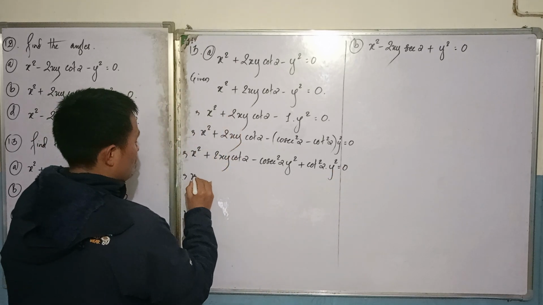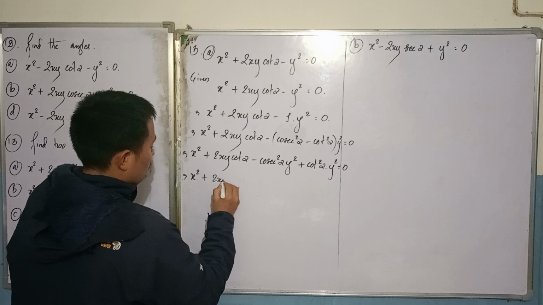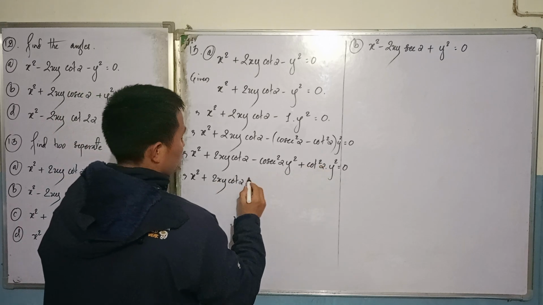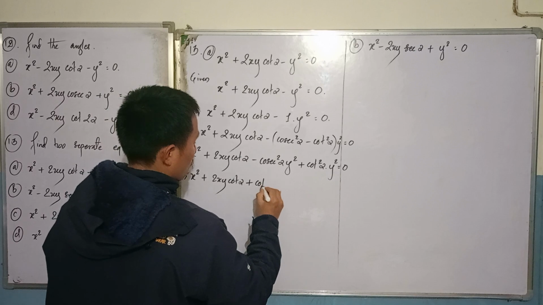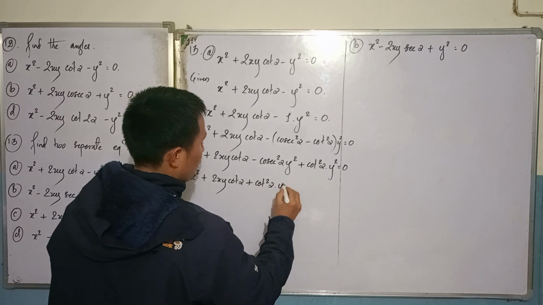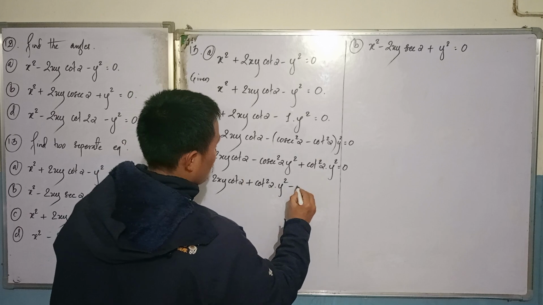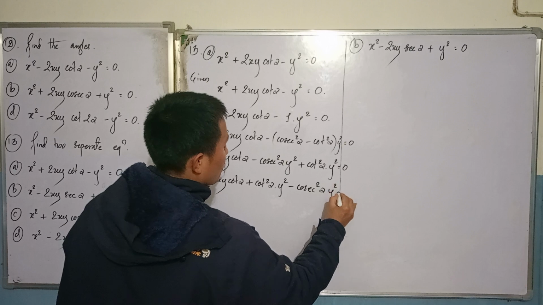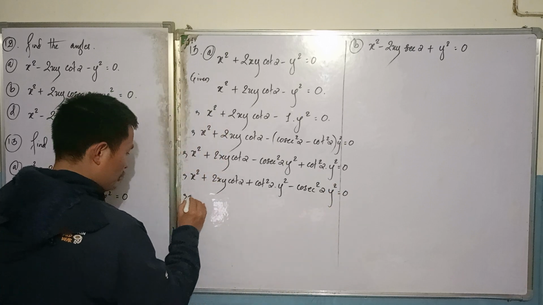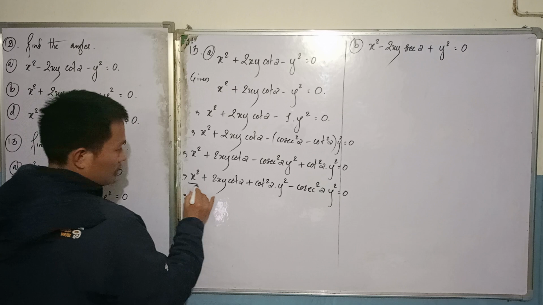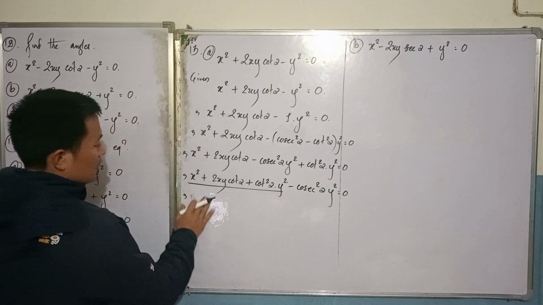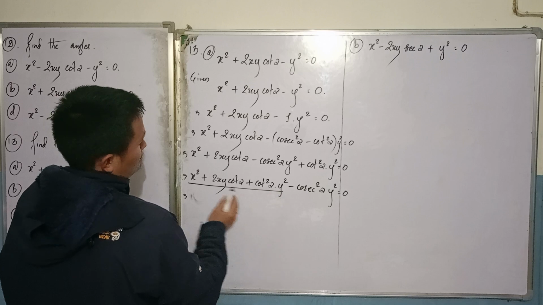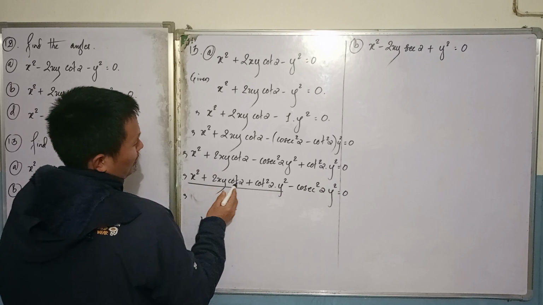Now, x squared plus 2xy cot alpha, bring the cot squared alpha y squared here, and move the cosec term to the back, equals 0. Here the a part will be x and the b part will be cot alpha y, for a squared plus 2ab plus b squared.